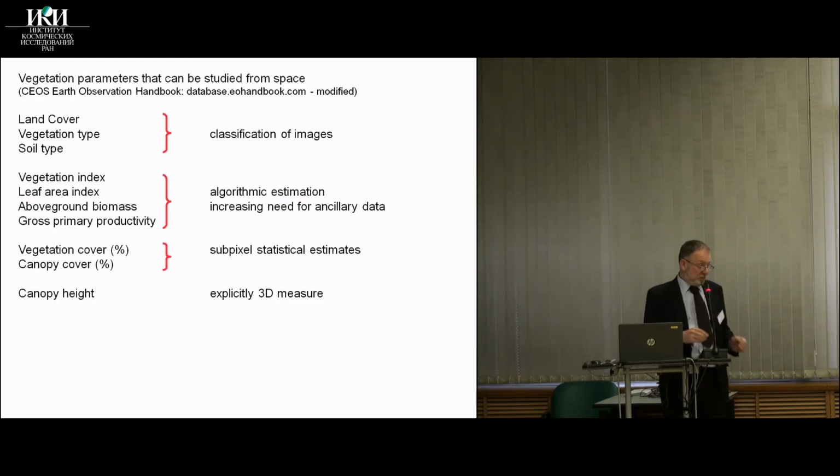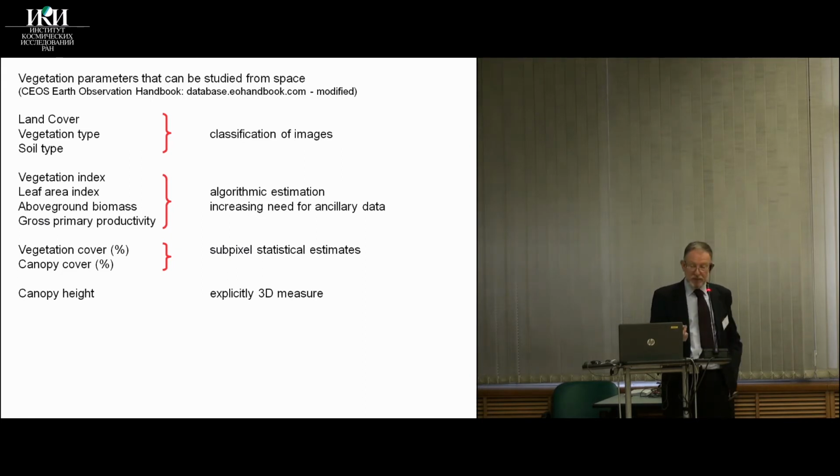So, as we already heard this morning, remote sensing, Earth observation represents our best, probably only realistic way of studying high-latitude vegetation distribution in sufficient detail. And what are the kind of parameters that we can hope to study here?